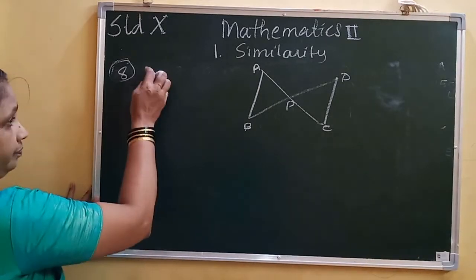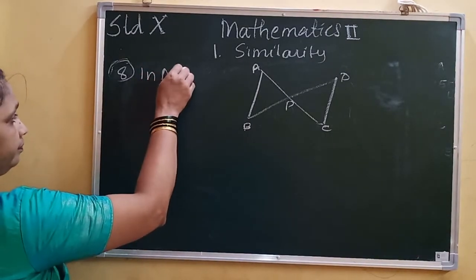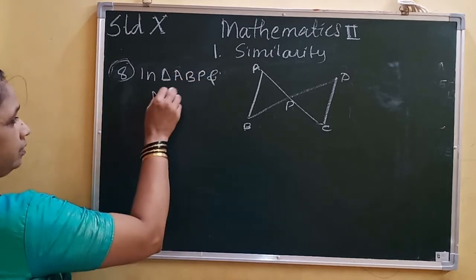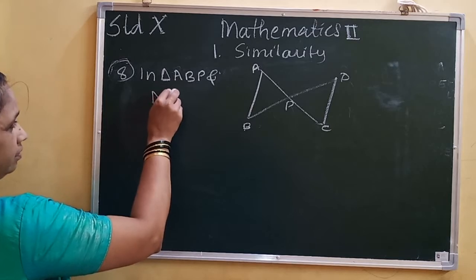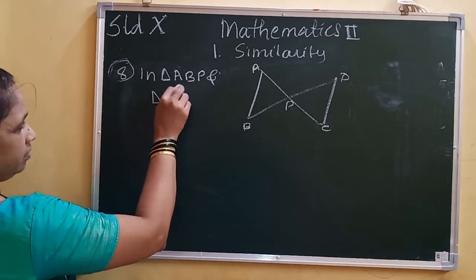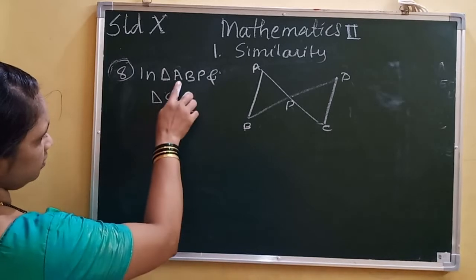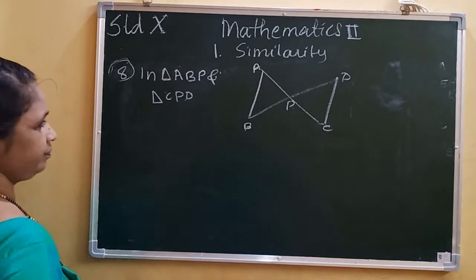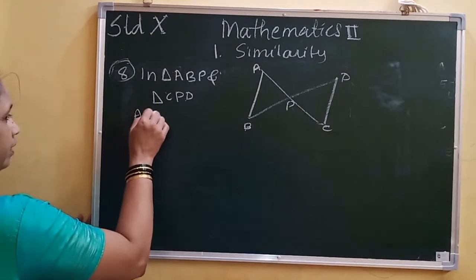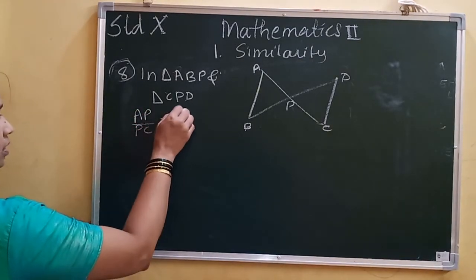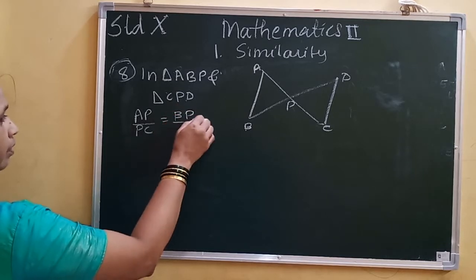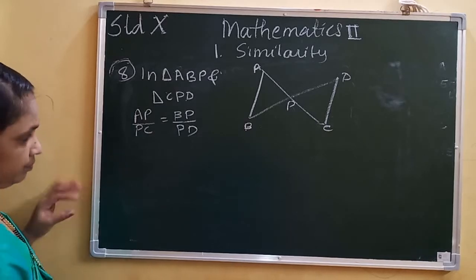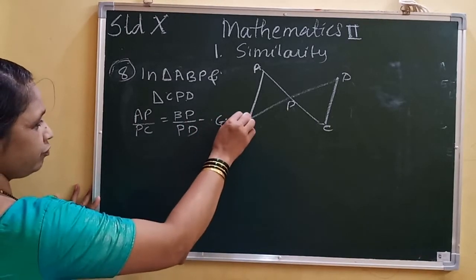Okay. Now in triangle APB and triangle CPD, what we have? AP upon PC is equal to BP upon PD. Okay, now this is given. Therefore what?